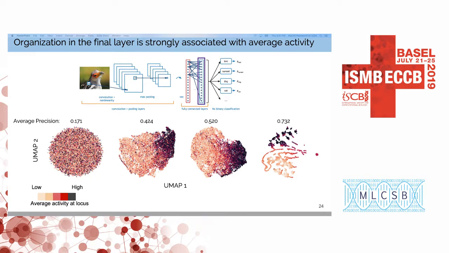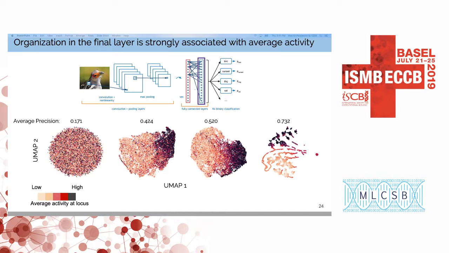Each dot corresponds to one of the genes in our set, and they're colored by the average activity, where white means low average activity and dark red/black means high average activity. What you can see is that as the model gets better at making predictions, allegedly, it is better organizing these genes by their average activity.